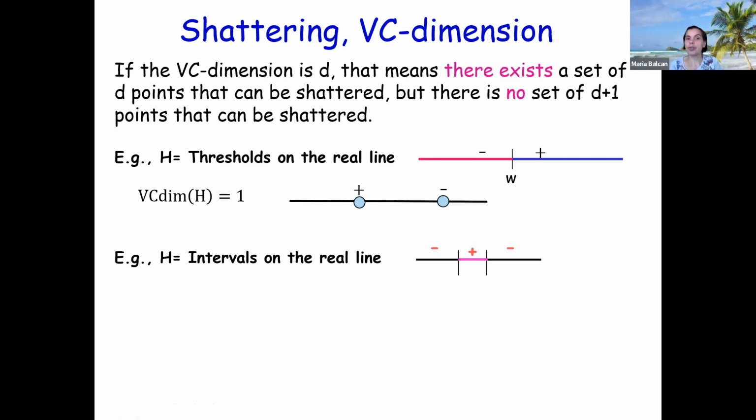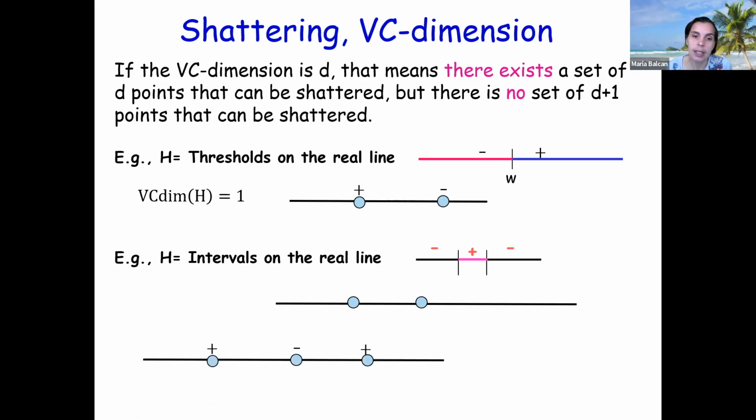You can show that the VC dimension of intervals on the real line is 2. Why? Because you can easily show that you can label any 2 points in all possible 4 ways by using intervals. But then you can show that no set of 3 points can be labeled in all possible ways by using intervals.